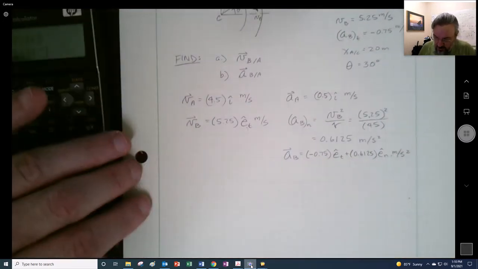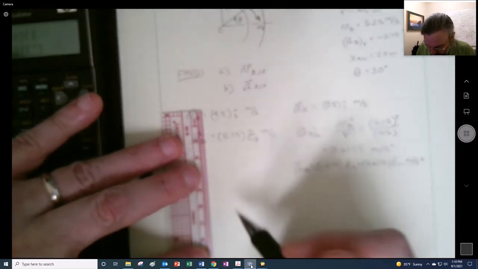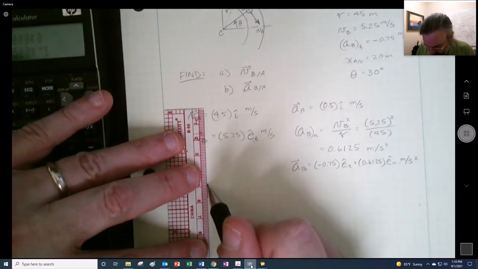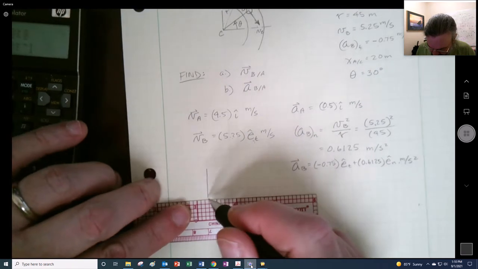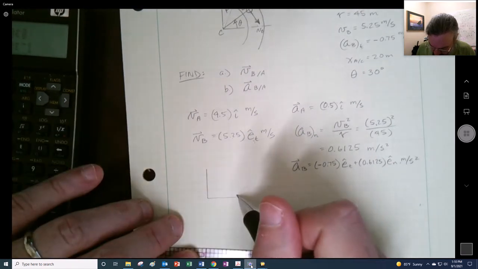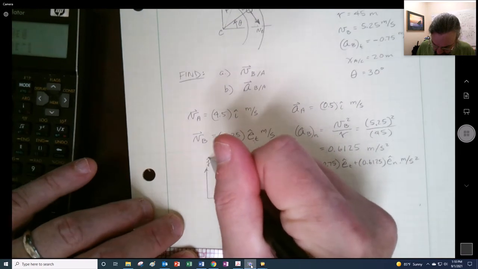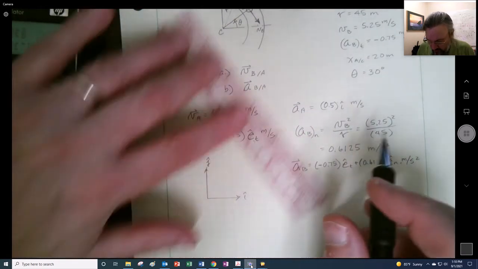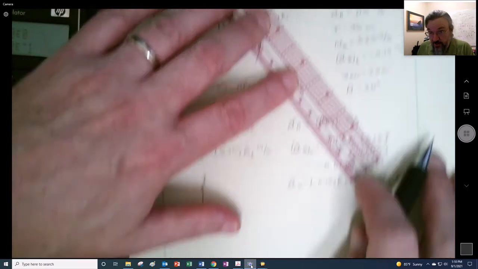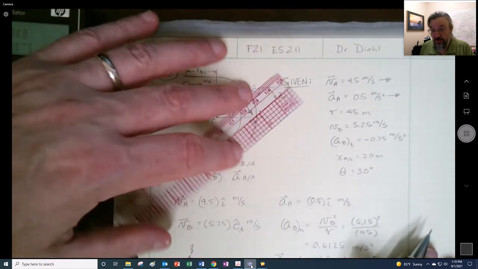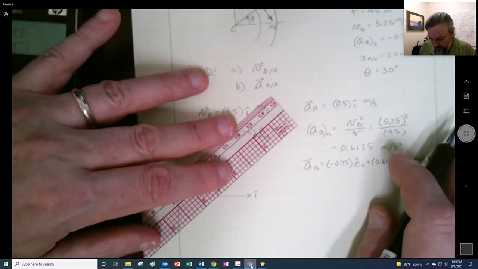All right, so we'll once again create a coordinate transformation array. Start out with the X and the Y. It's a good place to start. So here's your I and here's your J. And now our tangential is, remember that the normal was coming at 30 degrees right there, right?